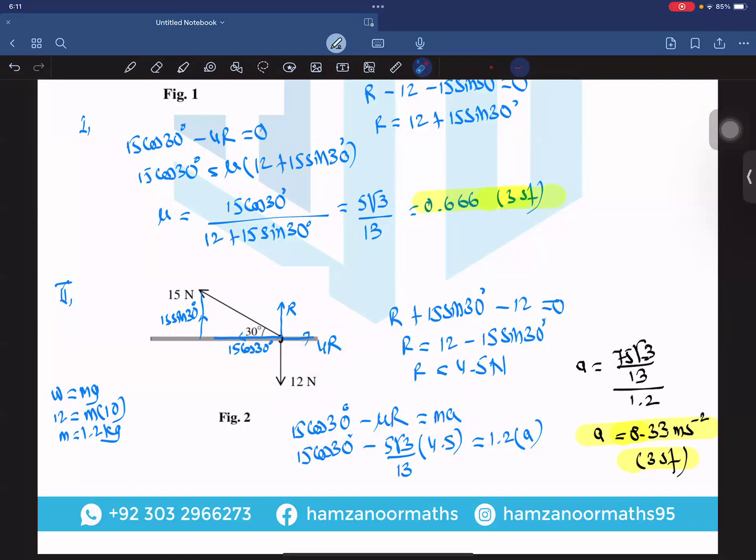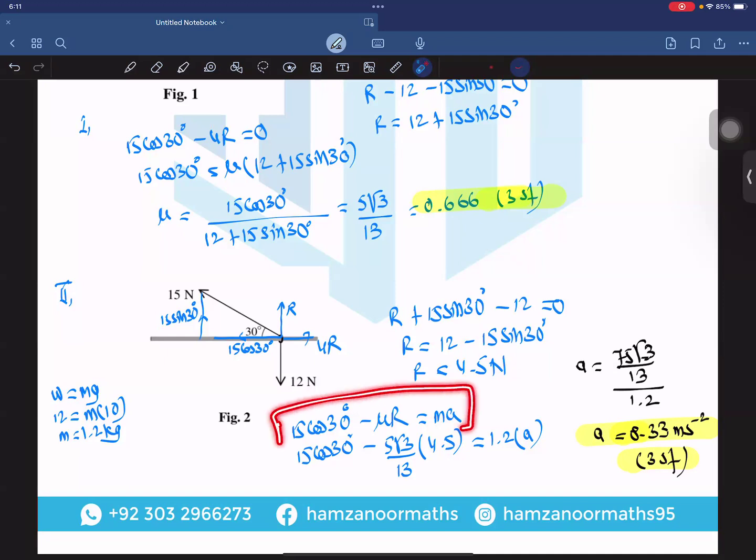When the object is on the point of moving and when it is moving, in both of these cases, friction would be at its maximum value, as we covered in the basic concepts before starting the past paper questions.